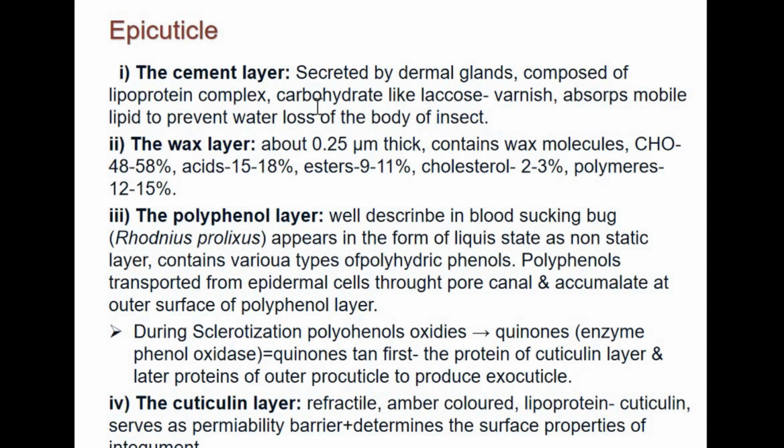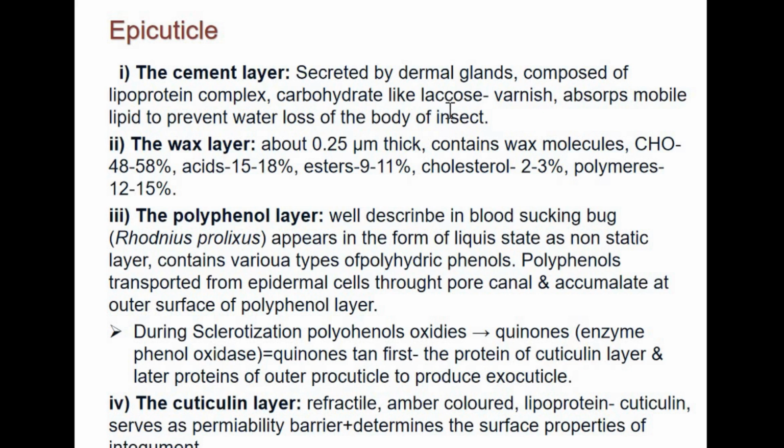Such a lipoprotein complex resembles the natural product shellac, which is secreted by the lac insect, and the common species is Lacifera lacca. The cement layer also contains a carbohydrate like lactose, which functions as a varnish and provides a protective external surface to the integument.